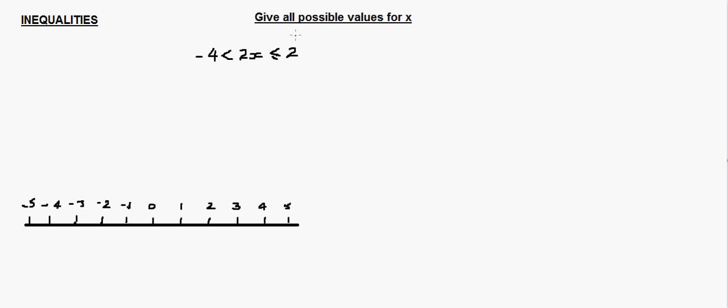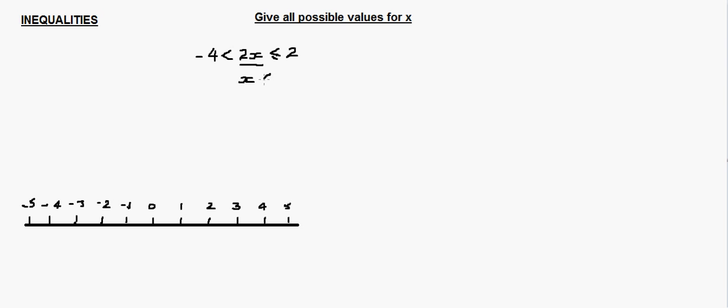Now, like most algebraic equations, we always want to know what 1x is. So we're not interested in what 2x is, we're only interested in what x is. So in here, we only want x. Okay, so I've got to get 2x down to x.